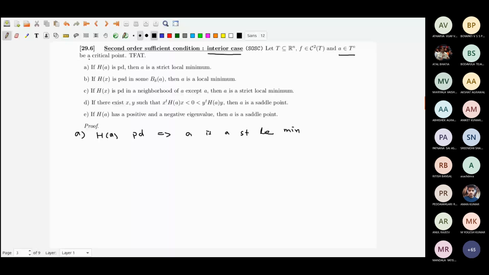If you take the transpose, what you get is called the gradient vector. Suppose that HA is PD, A belongs to T interior, and grad f A equals 0. These are the three things that are given. Then you want to show A is a strict local minimum.